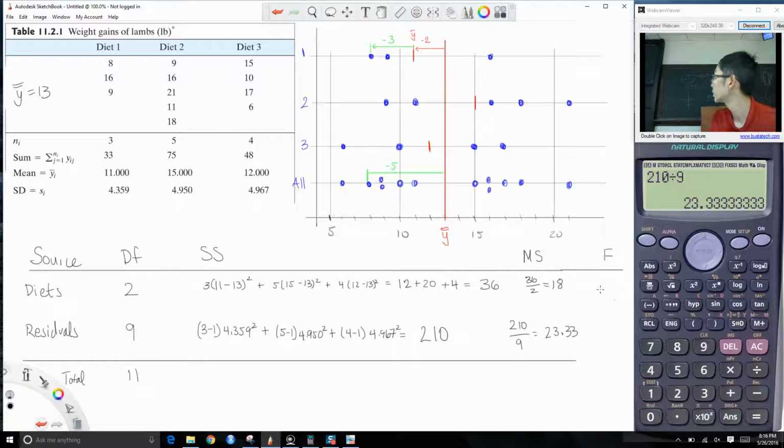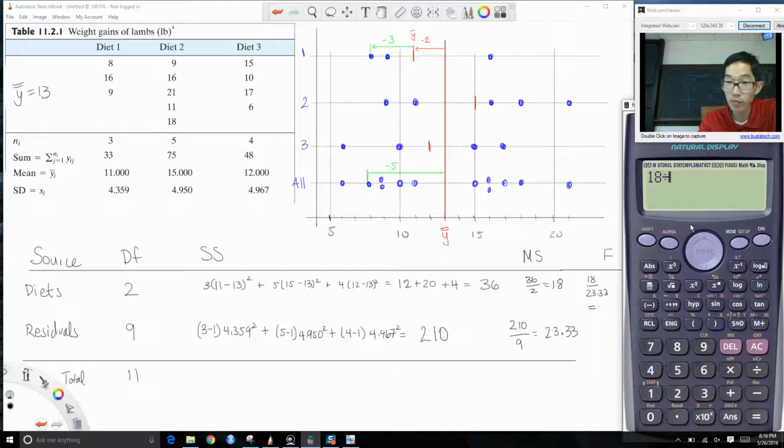So our F ratio would be 18 over 23.33, which is equal to 0.7714.